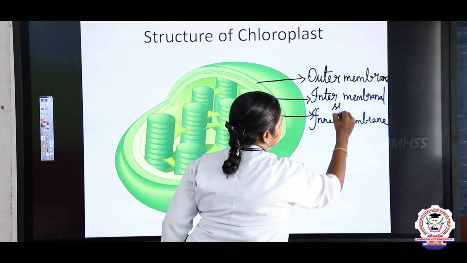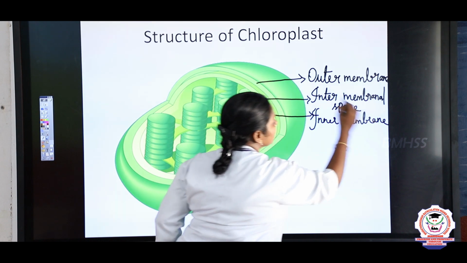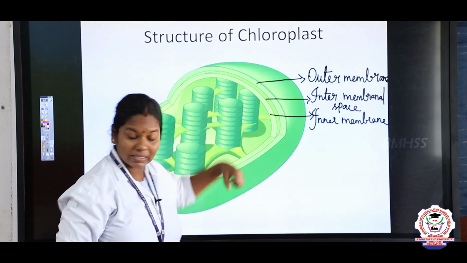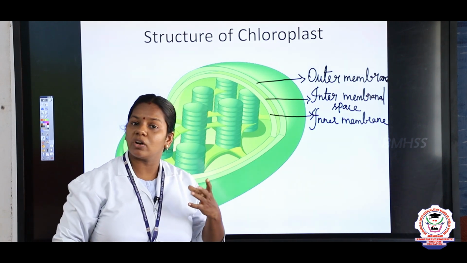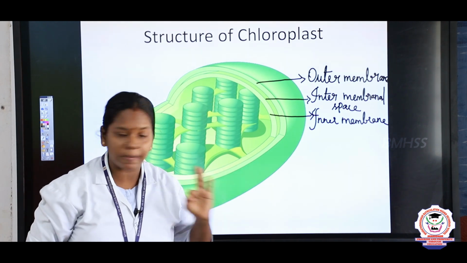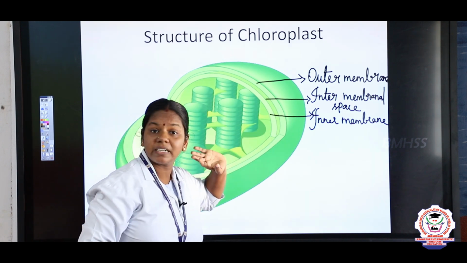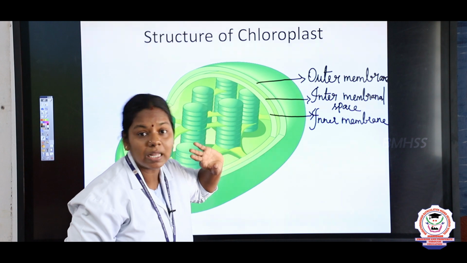Together, these three parts we call the envelope. So the covering of the chloroplast is called the envelope, and it consists of three parts: the outer membrane, the inner membrane, and in between them the intermembranal space.